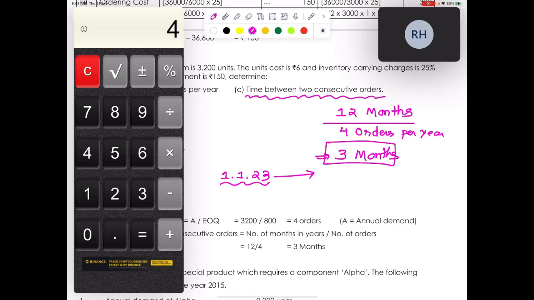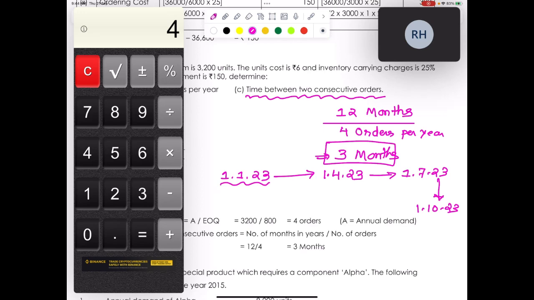So my next order date will be 1st April 2023. The next order will be 1st July 2023. The next order will be 1st October 2023, because the time between two consecutive orders is 3 months. It means we have to place a new order every quarter.